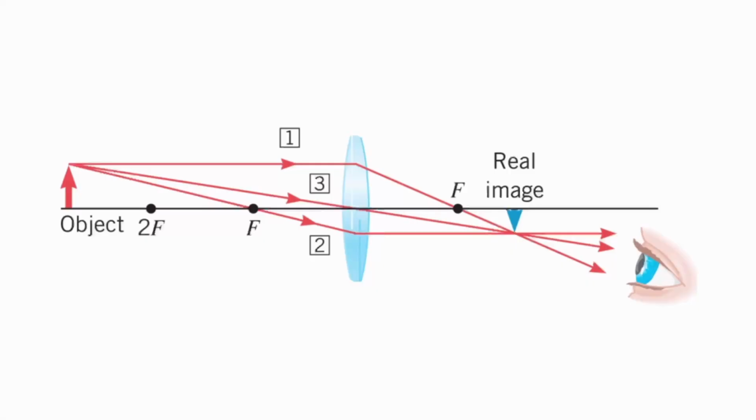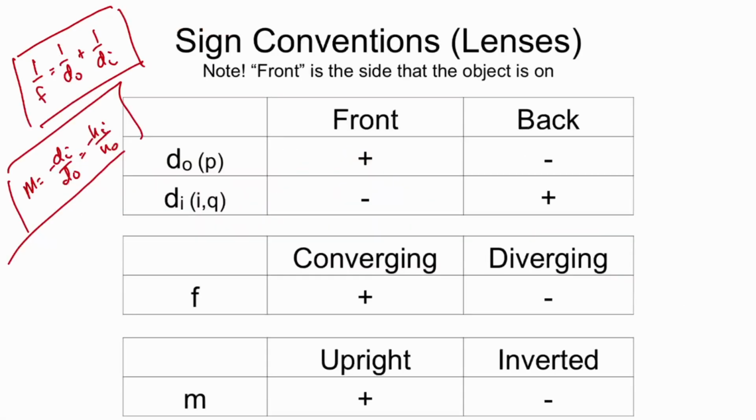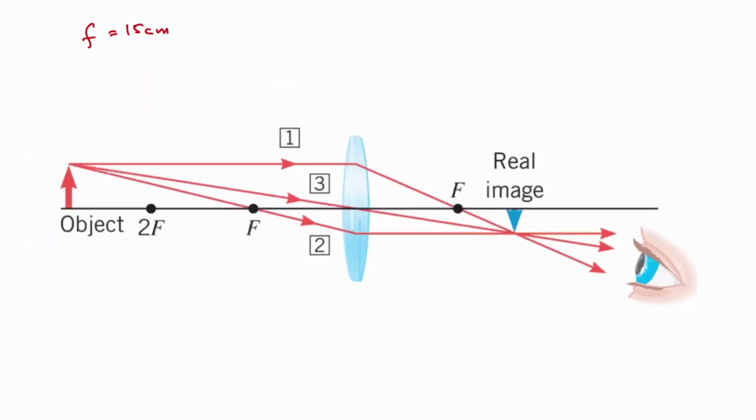And for the converging lens, I'm going to use my favorite focal length of 15 centimeters. For a converging lens, is it a positive or negative focal length? What do the sign conventions tell us? It's positive for a converging lens. How do I tell that this is a converging lens?